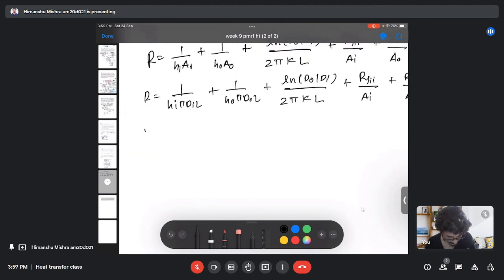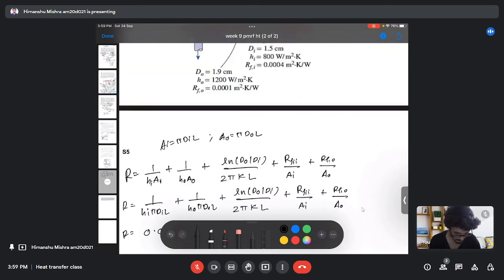So we just need to put the values here. And after putting the values, we will get the total resistance as 0.053 Kelvin per watt.